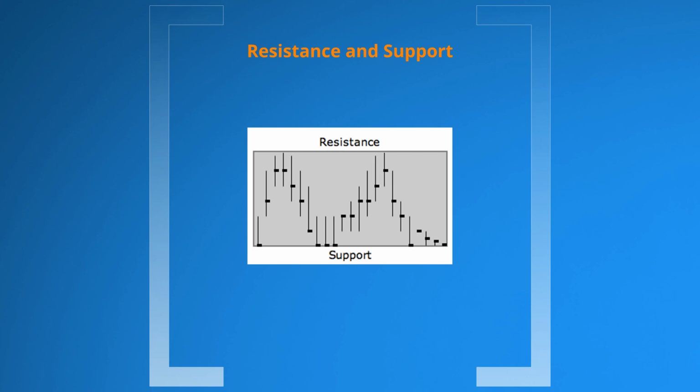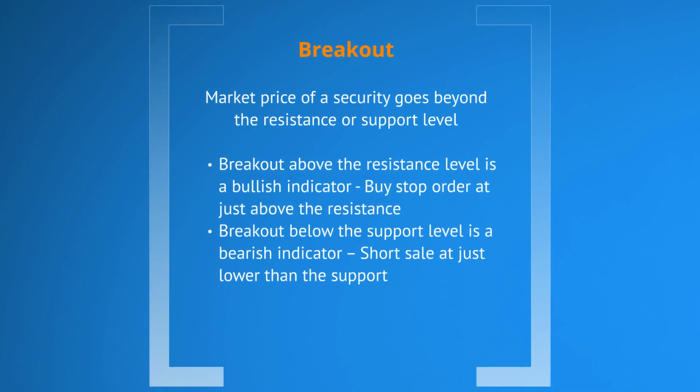On the high side, we have a constantly decreasing once it gets close to that resistance level, and then increasing again once it gets close to that support level. If it breaks out or goes beyond the top side or below the bottom side, those resistance and support levels, that can be either a bullish indicator or a bearish indicator.